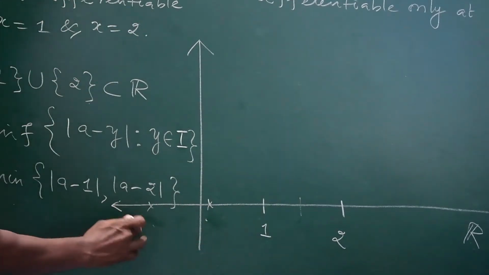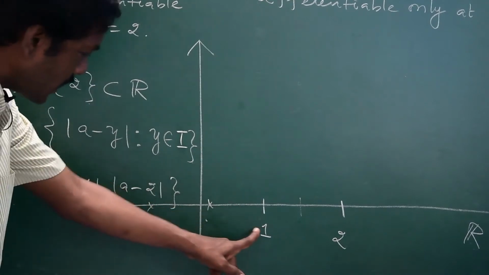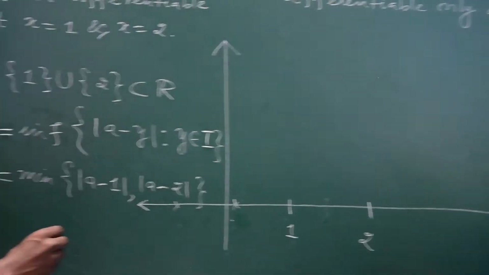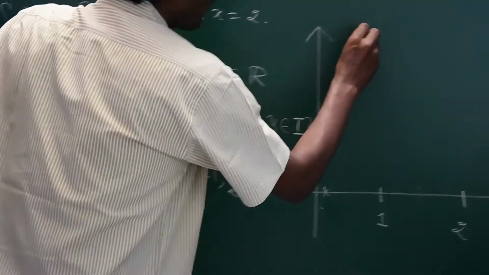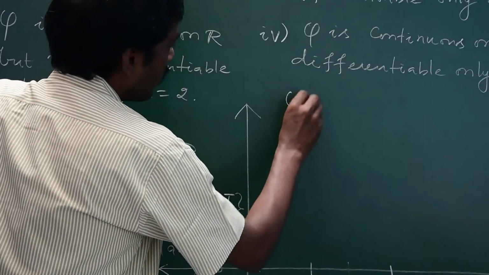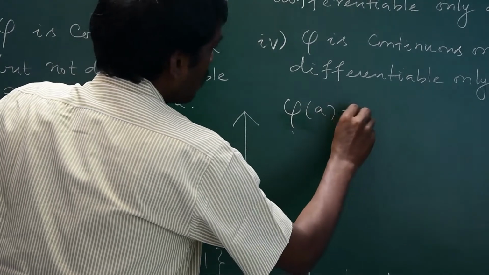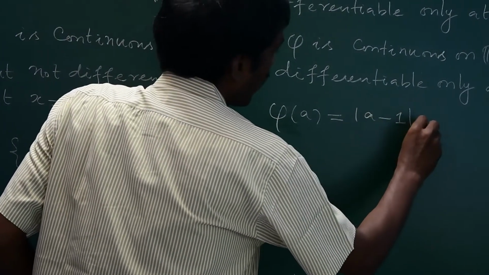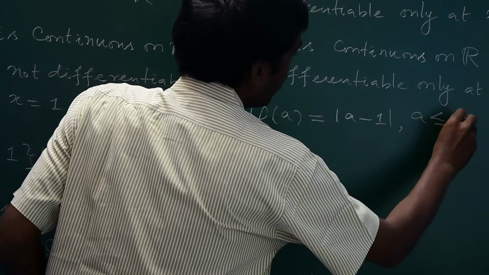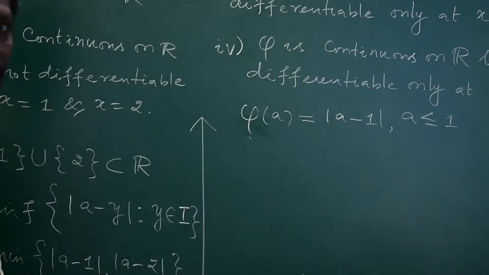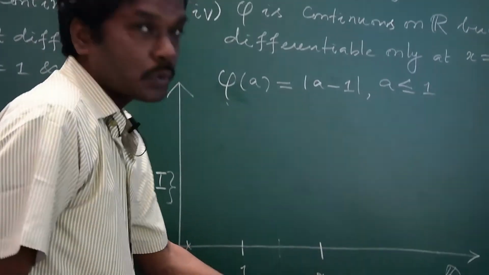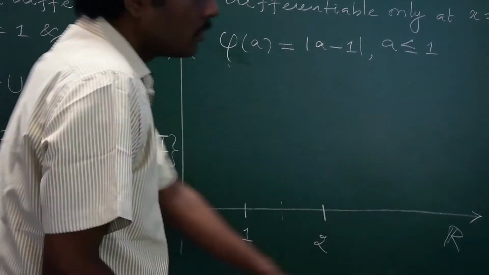So in that case, whenever a lies to the left of 1, phi of a is equal to modulus of a minus 1, provided a lies to the left of 1.